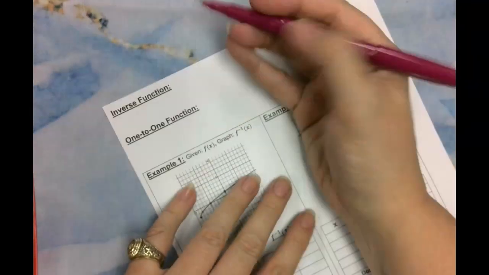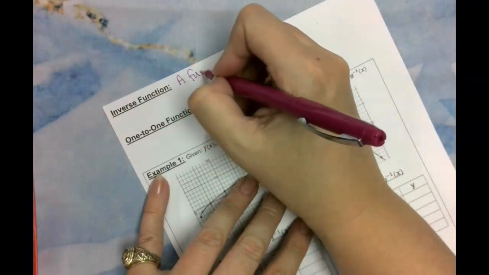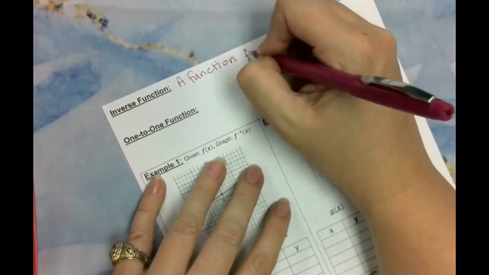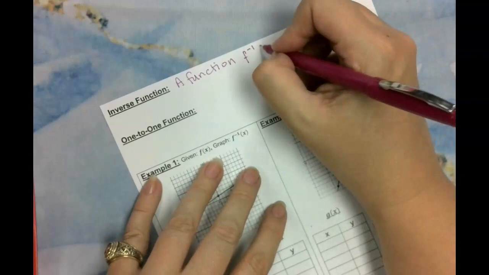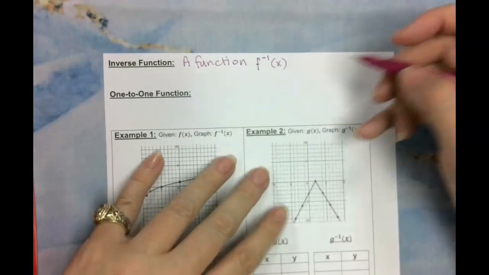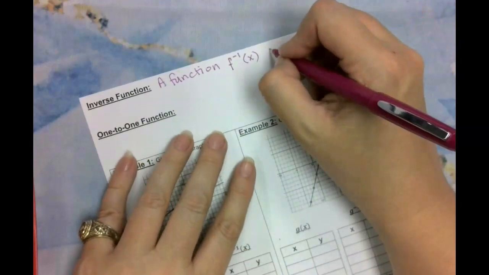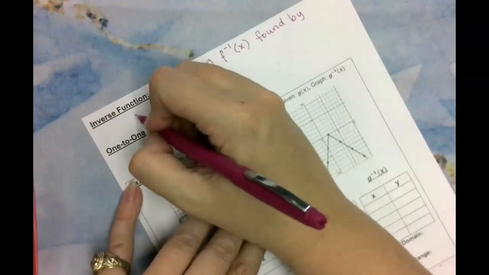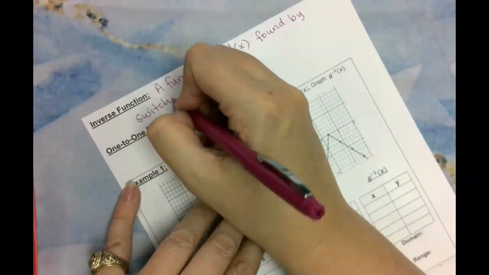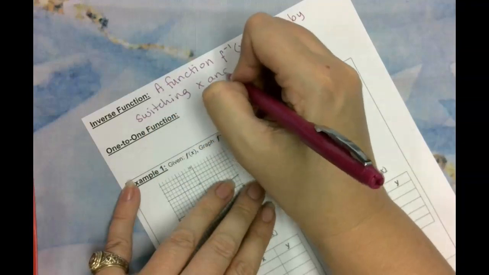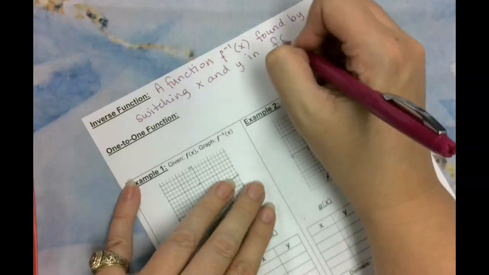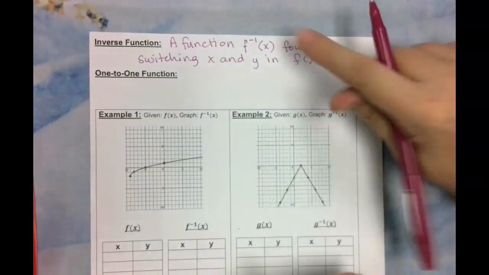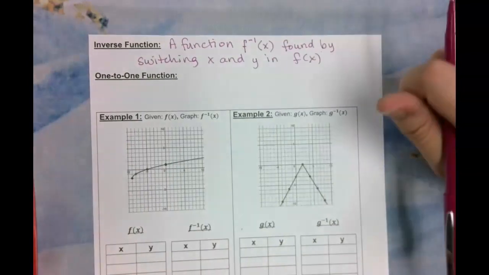An inverse is a function, and we use the term f negative 1 of x, we put a little -1 like that, found by switching x and y in f of x. So I take whatever my function is, f of x, I just switch the x and y's, and I get the inverse function, and this is how we write the inverse function.